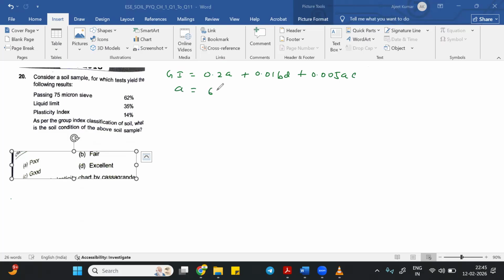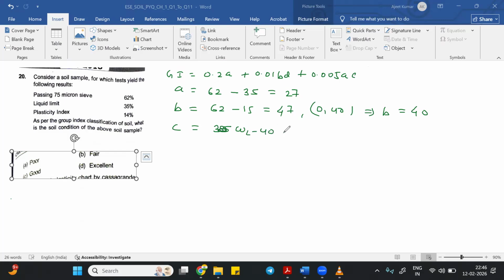So A is 62 minus 35, which is 27. B is 62 minus 15, and this is 47, so it lies in between, B must lie between 0 to 40, so this implies that B must be equal to 40.